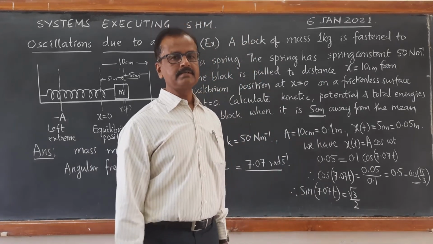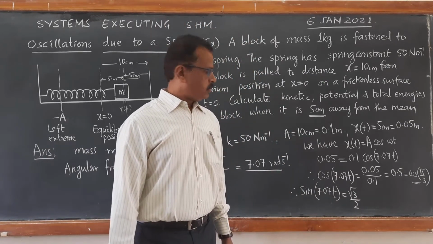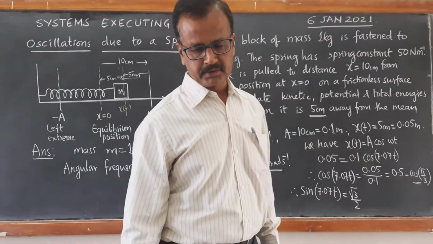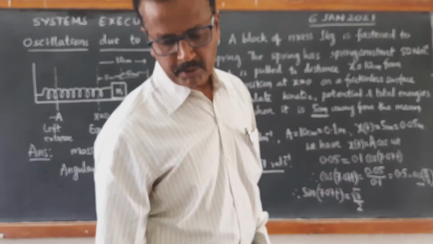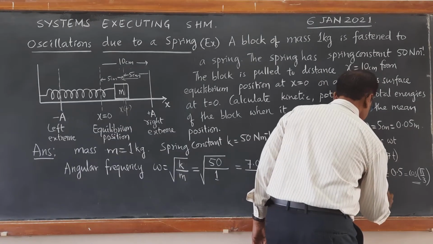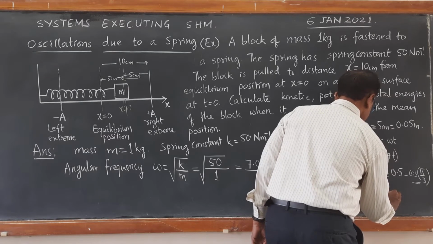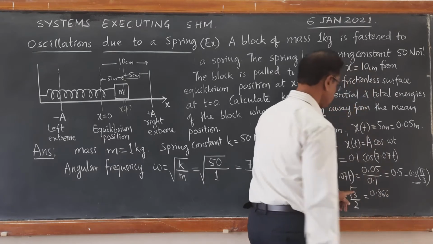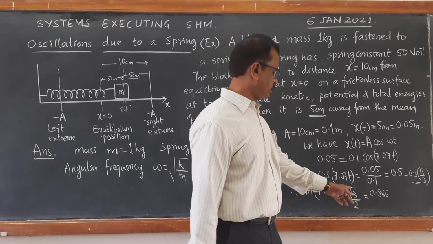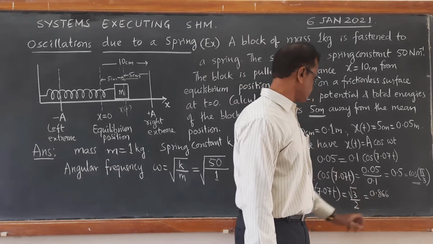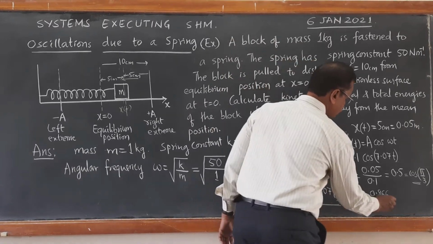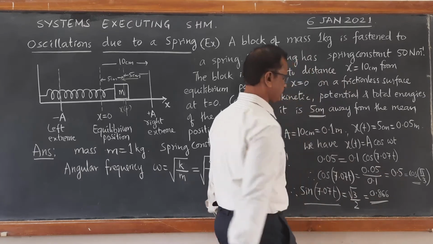Root 3 is 1.73, divided by 2. If you carry out, it becomes 0.866. So this is the sine omega t value, and this is the cos omega t value.